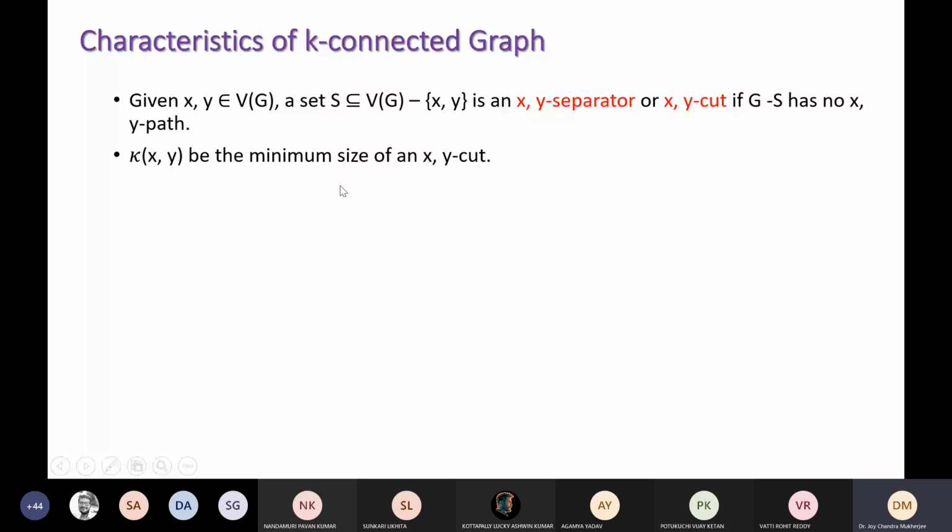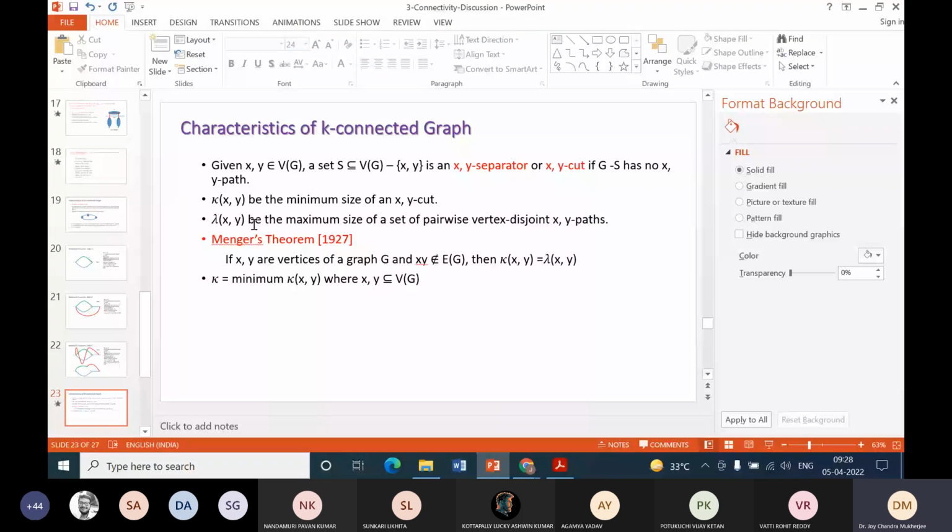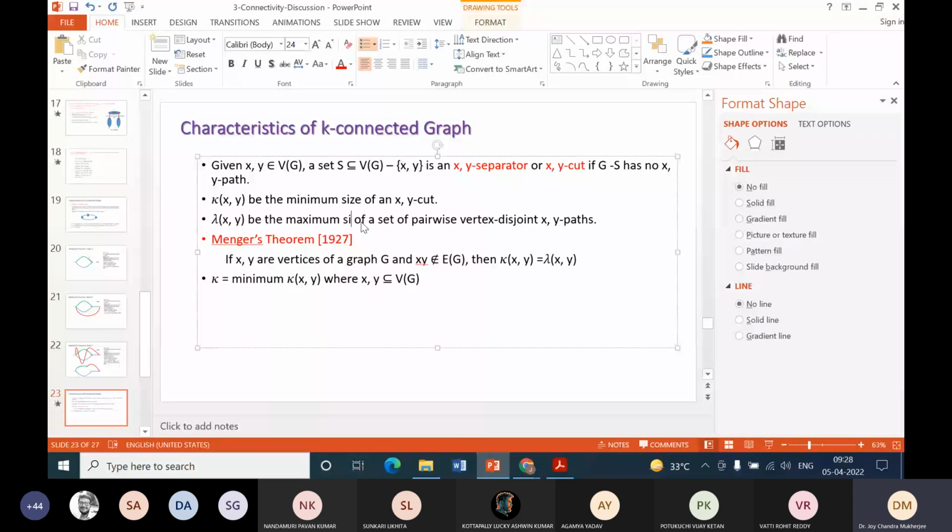The minimum size is represented by kappa XY, and lambda XY is the maximum number of pairwise vertex disjoint or internally disjoint XY paths.